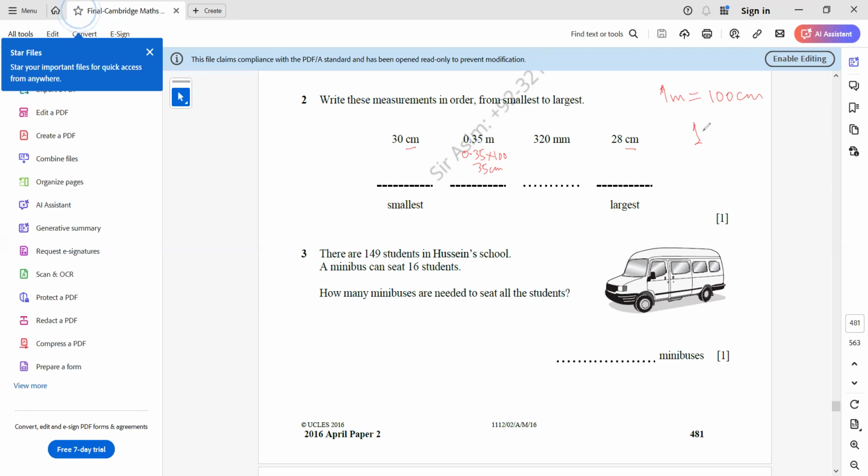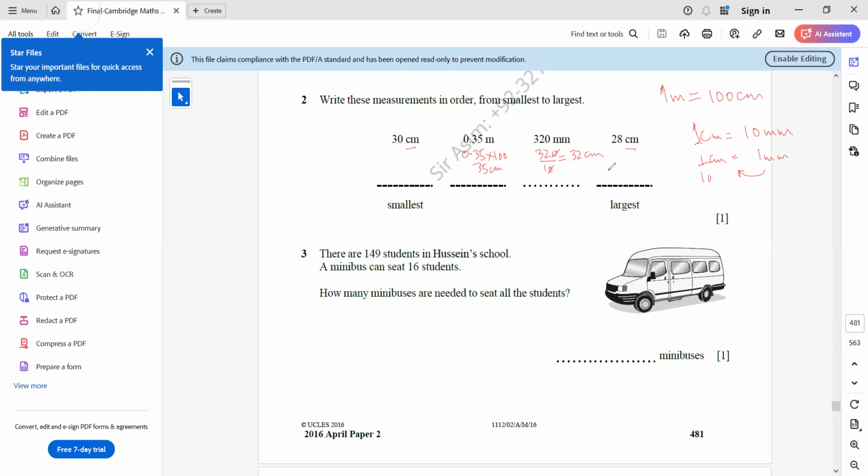As we know, 1 centimeter equals 10 millimeters. So 1 millimeter would be equal to 1 by 10 centimeters. When you need to convert from millimeters to centimeters, we need to divide by 10. So in this case, dividing by 10, the answer is going to be 32 centimeters.